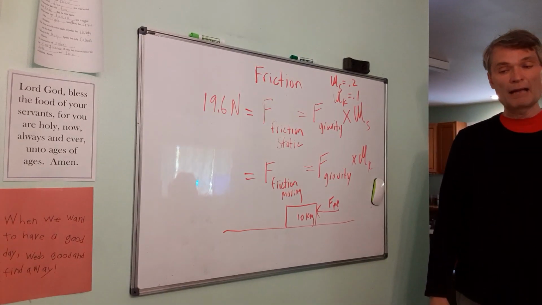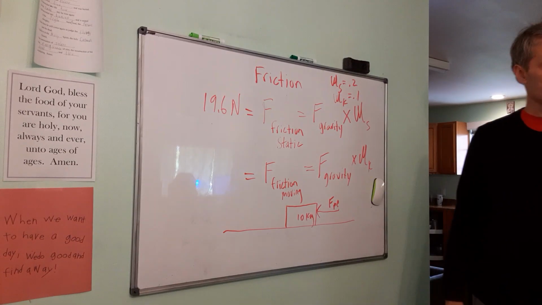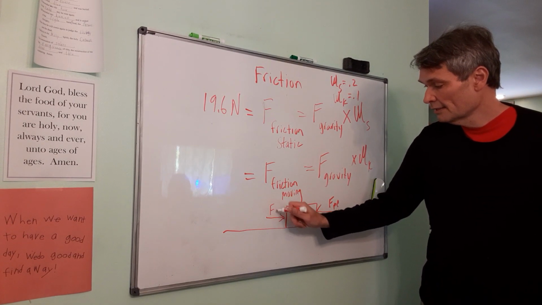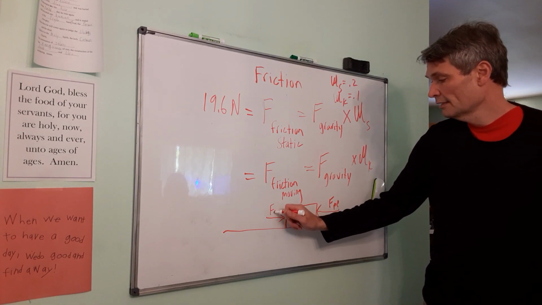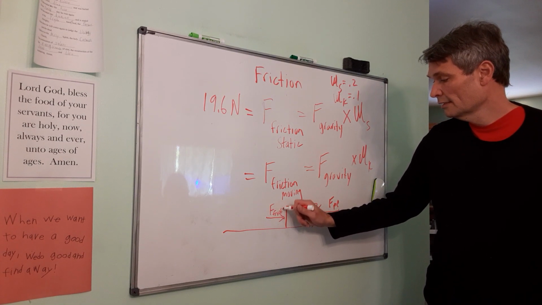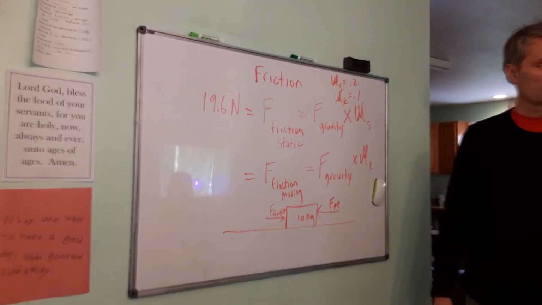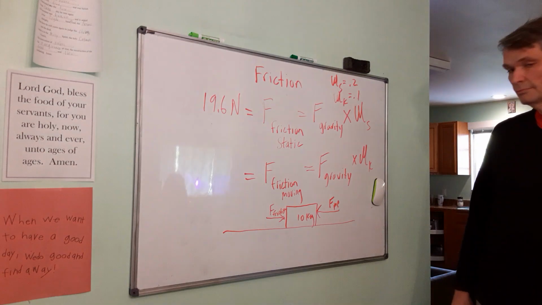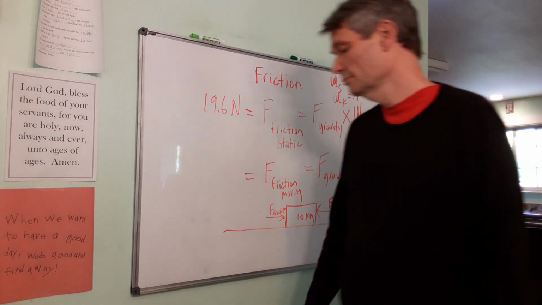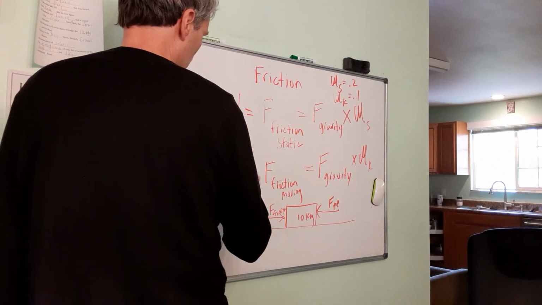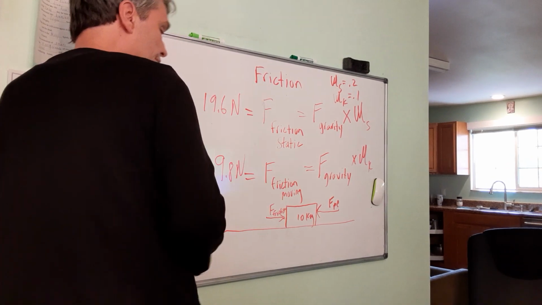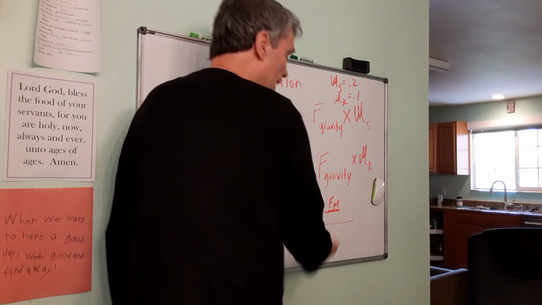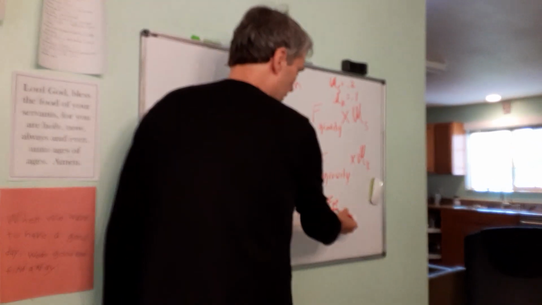Then how much force do I need to apply to keep it sliding? We multiply 98 times 0.1, which is 9.8 newtons.